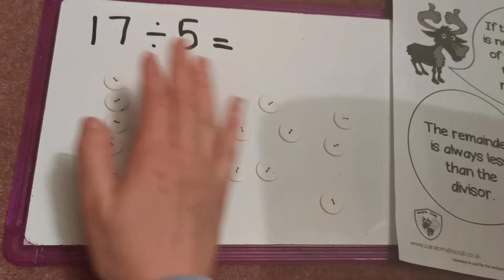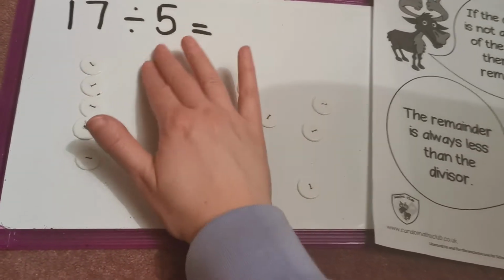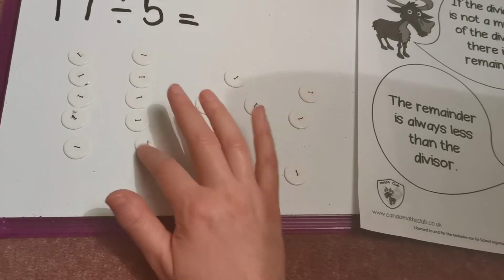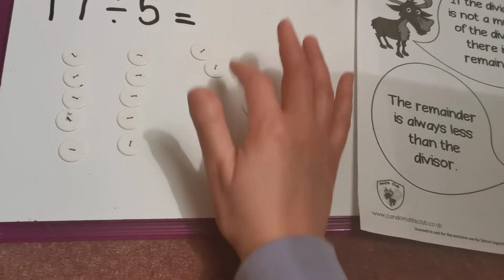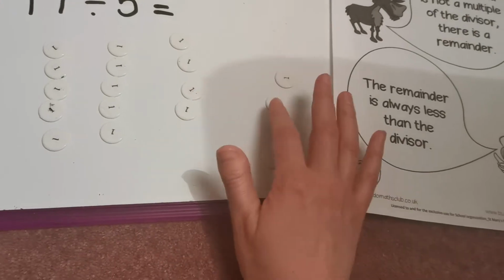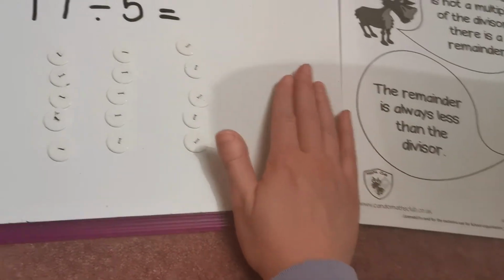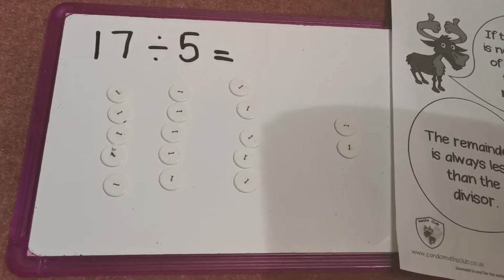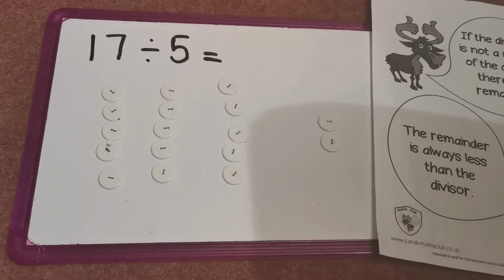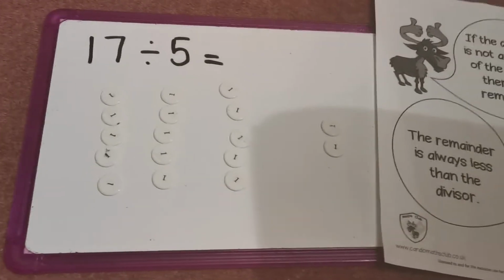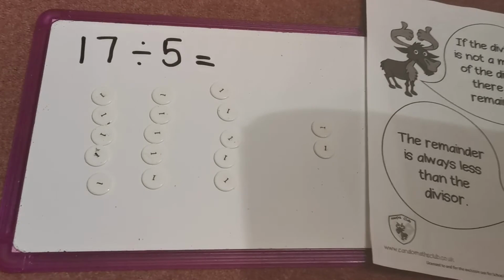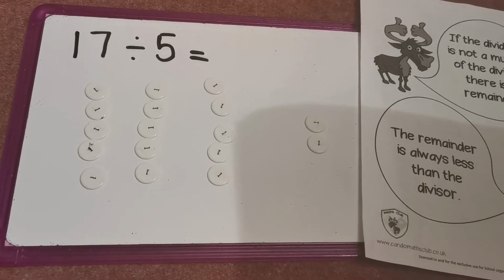I've got 1, 2, 3, 4, 5, 1, 2, 3, 4, 5, 1, 2, 3, 4, 5, and then I've got 2 left over, which is okay. In every answer today you're going to have some left over, and it's okay to have them left over because we call that the remainder.